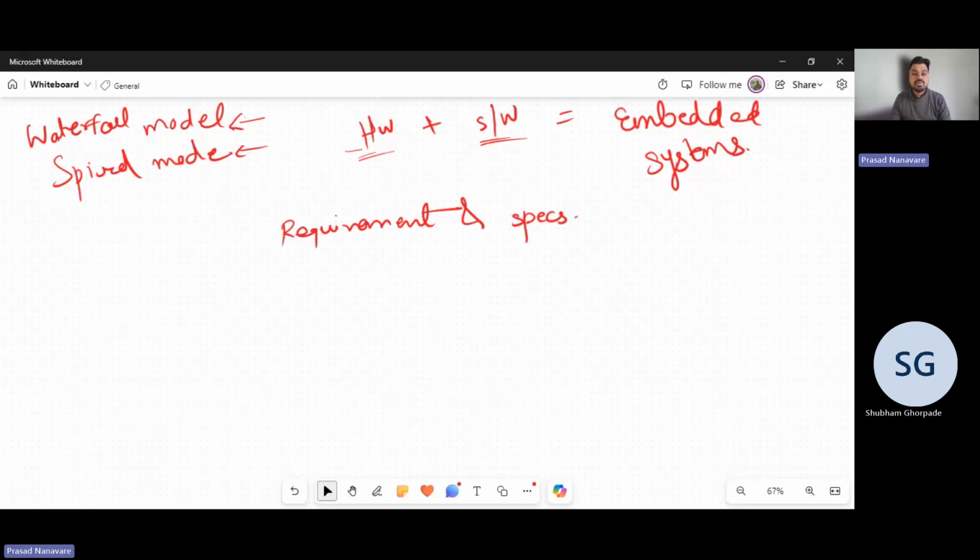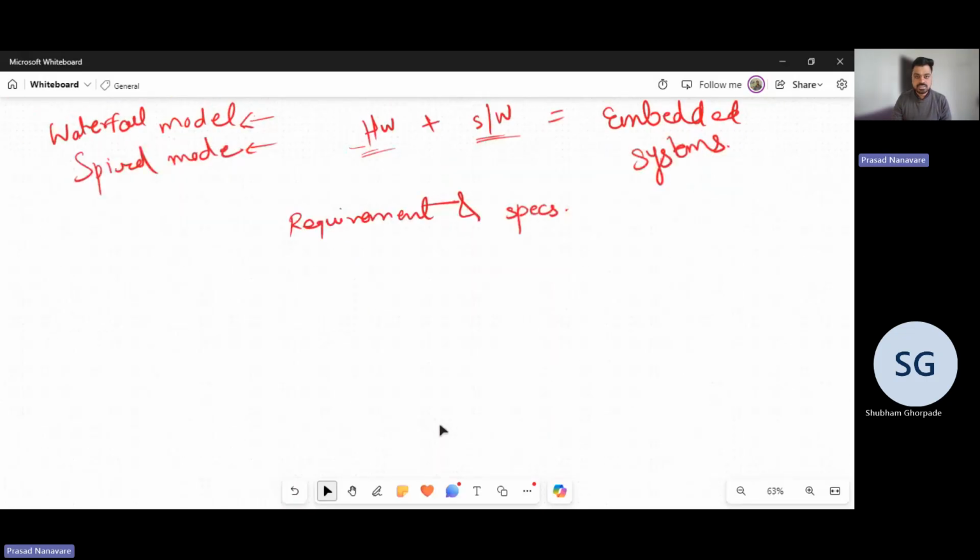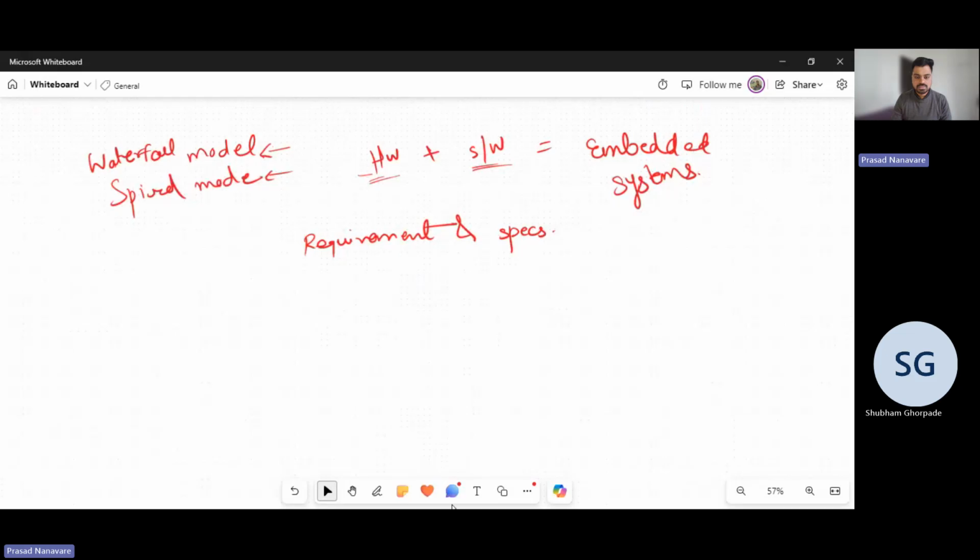So requirement is the informal communication that tells what the client wants, what the customer actually wants, and specification is the detailed representation of that. Okay, so requirement and specification, this is how they are related.